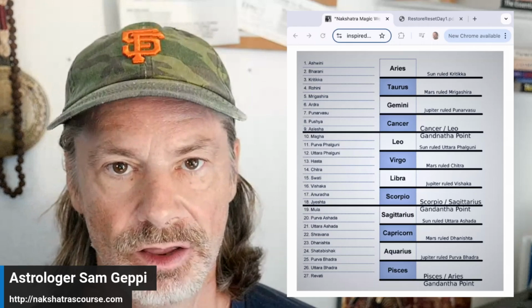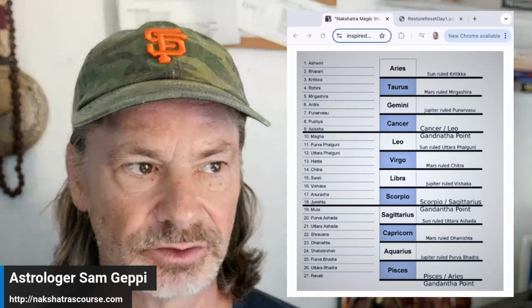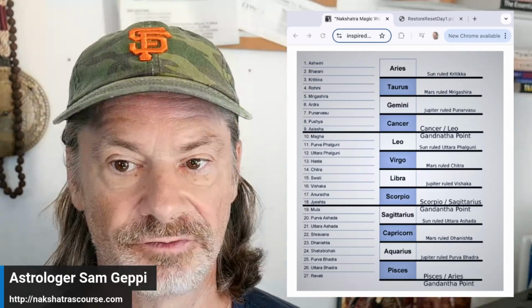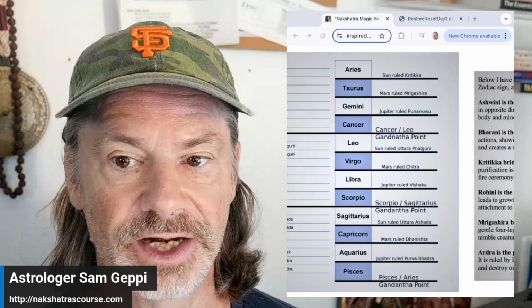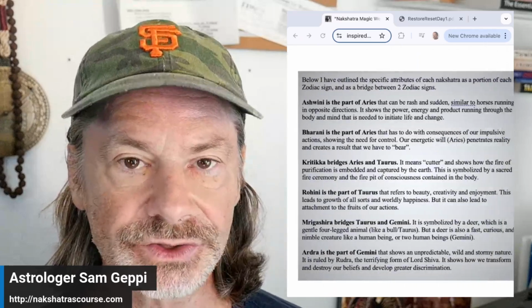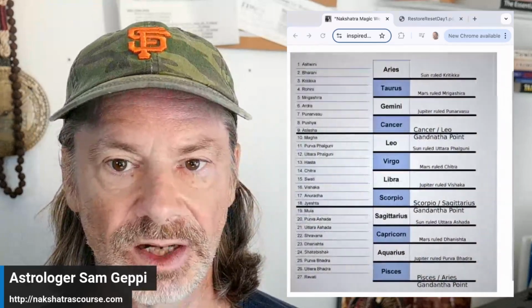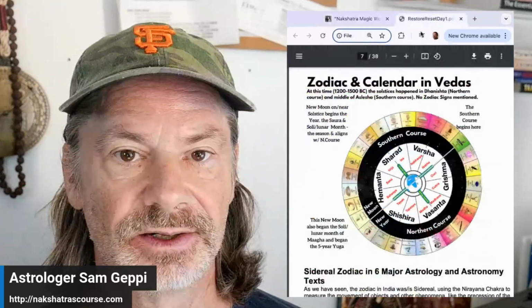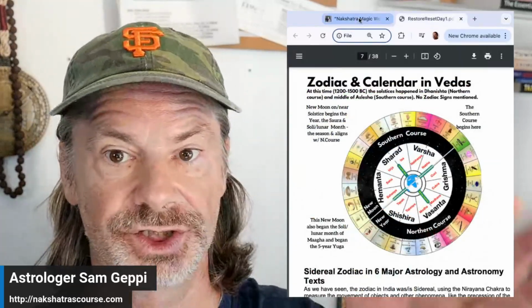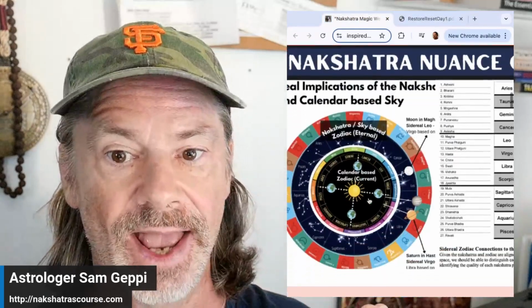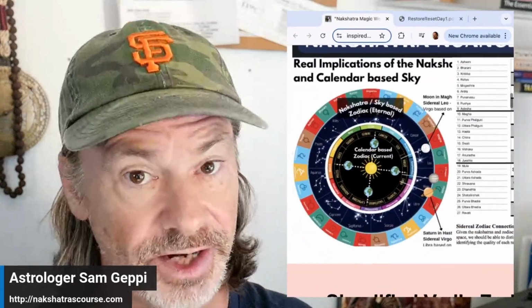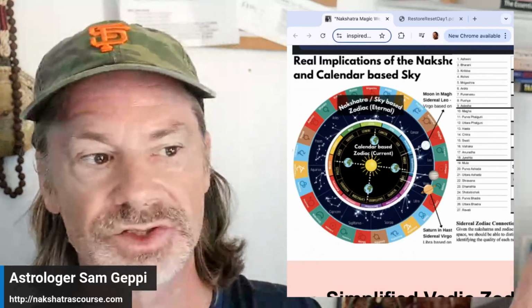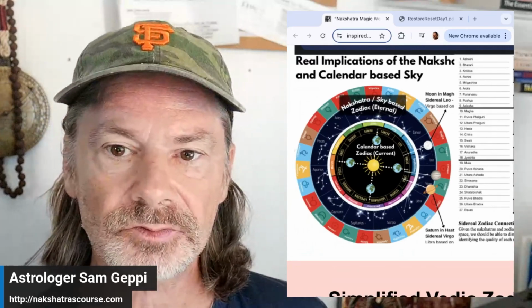And this is not only a fundamental aspect and structure of Indian astrology, of Vedic astrology, but it is also a fundamental aspect of Indian cosmology and their calendar, which folds in the spirituality of your karma and your essence and why you've incarnated here on Earth rather than somewhere else in space.